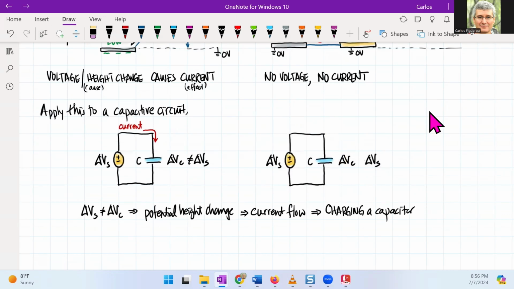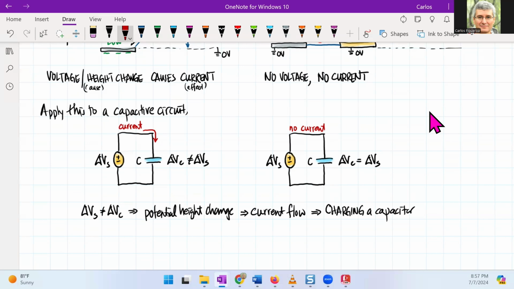What happens now is that when this capacitor is equal to the battery source, then there's no current. That means that the power supply and the capacitor have the same potential.